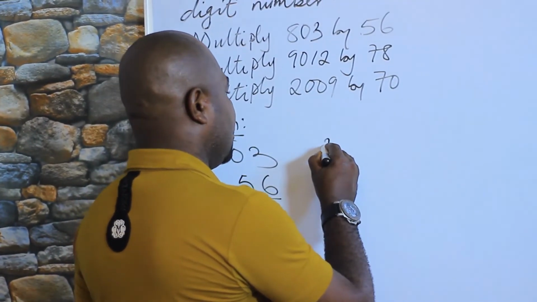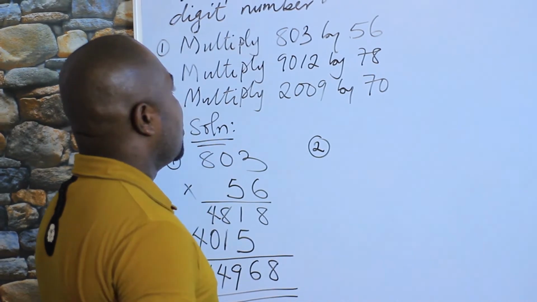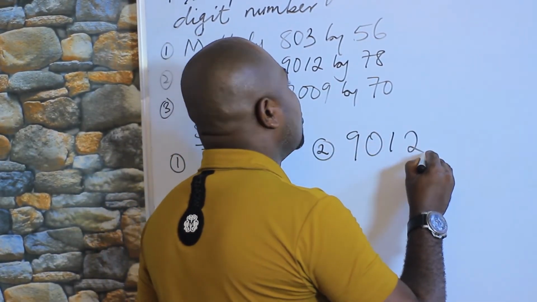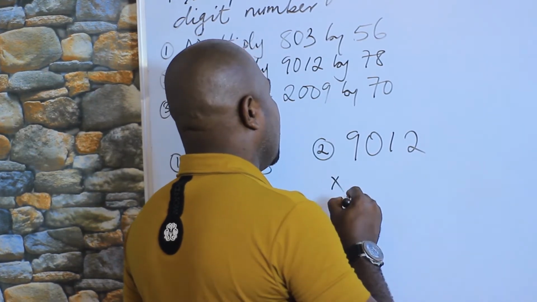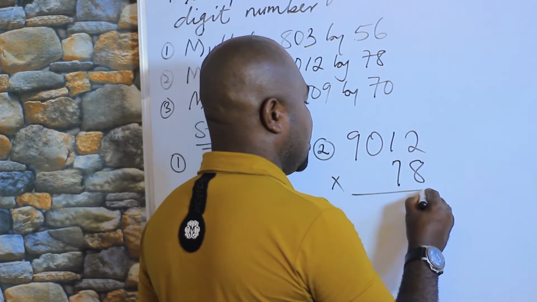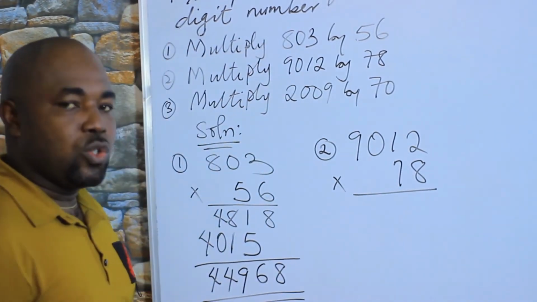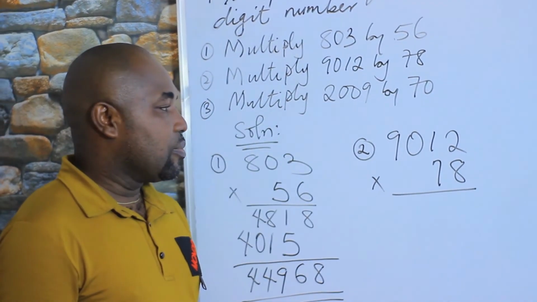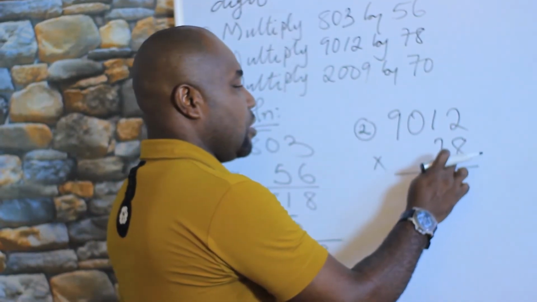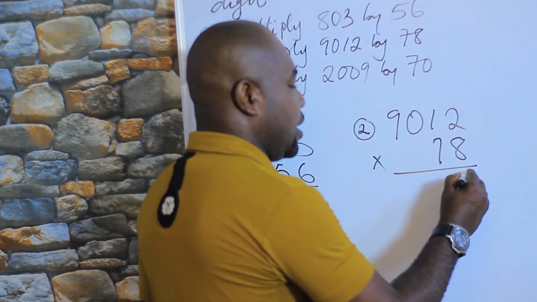Number 2. We multiply 9012 by 78. 9012 by 78. Let us begin. 8 times 2 is 16.